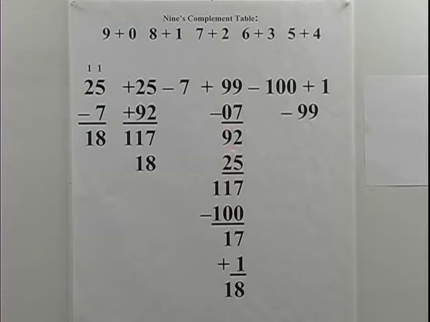So this number 92 is precisely the 9's complement of that subtrahend 07. I'm going to add this minuend to it now, 25. 5 and 2 is 7. 9 and 2 is 11.